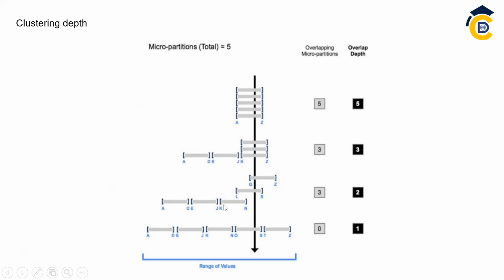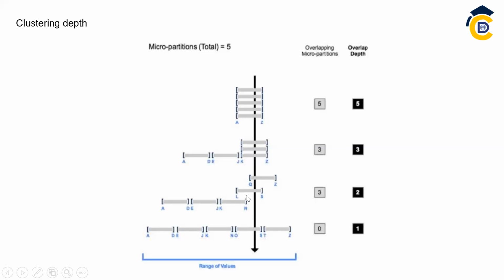But here it's not like that, right? So that is why it will not be considered for the depth here. I know it's a little confusing, but you just need to check at the end of the partition, and then you will be able to understand.